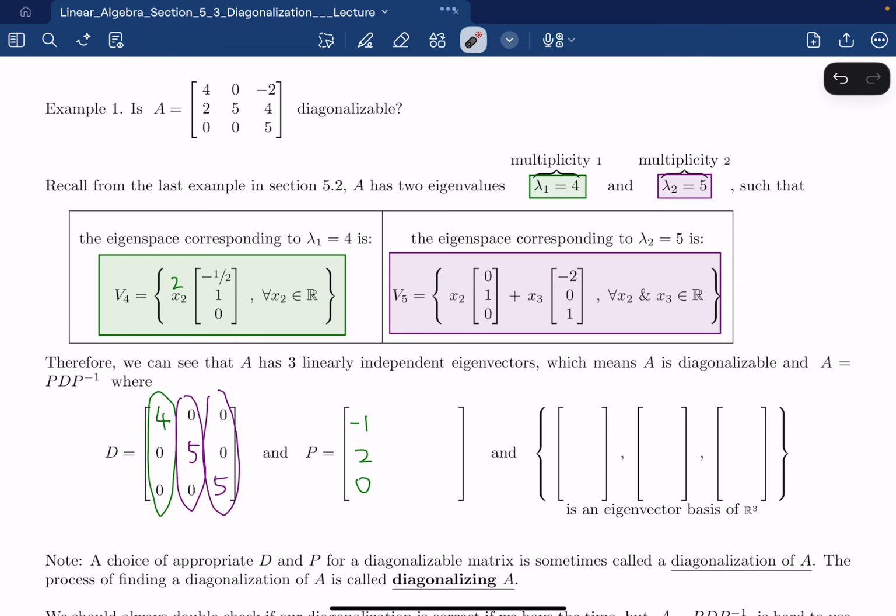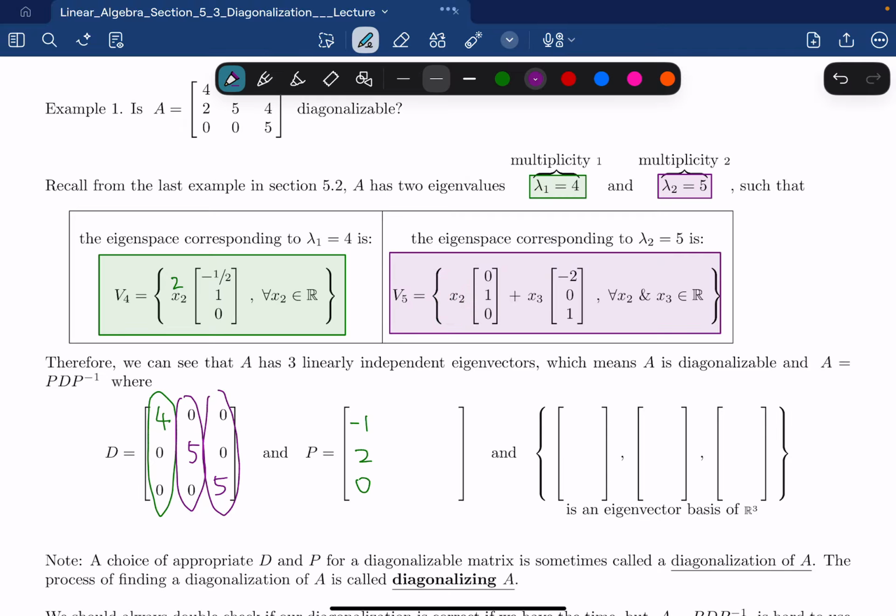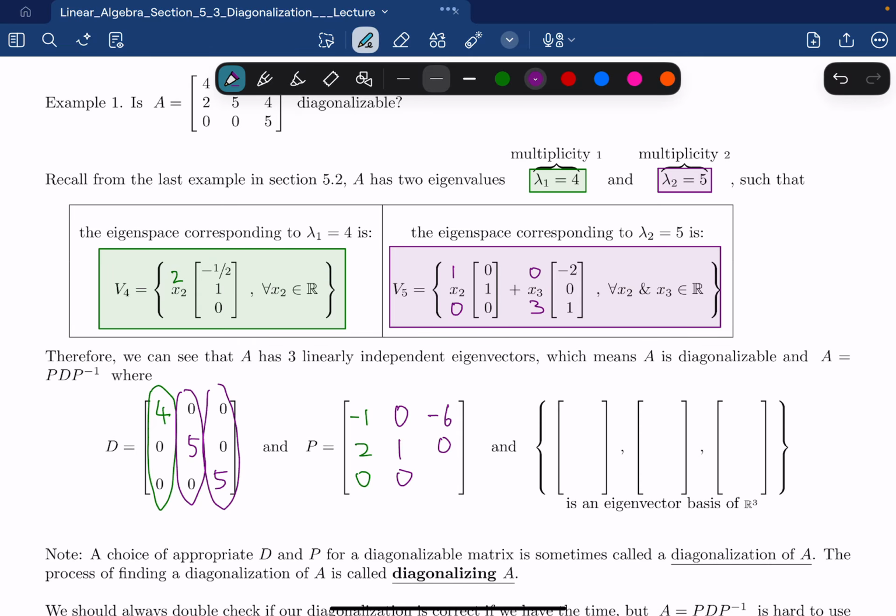That's a no bueno. The simplest way to do this is to choose a value for x2 with x3 equal to 0, and then choose a value for x3 whereas x2 is set to 0. That's the easiest way to do this. So for example, I can choose 1 and 0 there, so one of the eigenvectors is going to be 0, 1, 0. And then I can choose, say, 0 here and 3 there, so it's going to be negative 6, 0, 3.